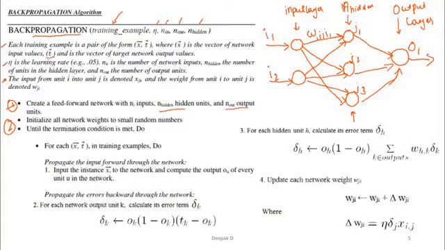So this is how we denote. Similarly, for all the connections from input layer to hidden layer and hidden layer to the output layer, the weights are initialized with small random numbers.